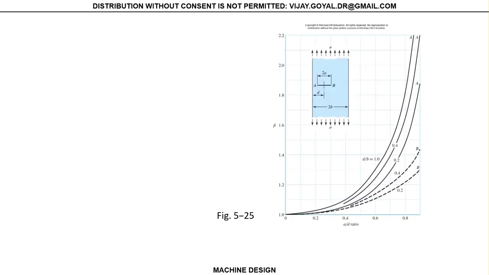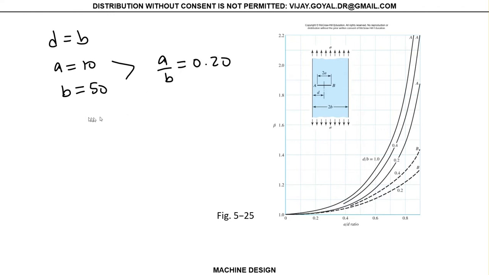And so we go back to this problem right here, next chart, and we see that in this particular problem, D is equal to B. Why? Because this is a center plate, so the values are the same. A is equal to 10. B is equal to 50. So from here, A over B is equal to 0.20. D over B is equal to 1.